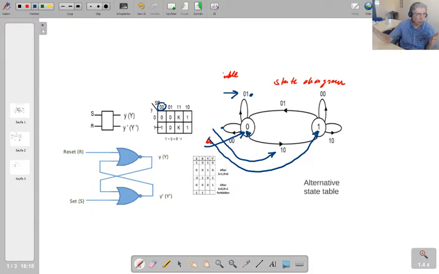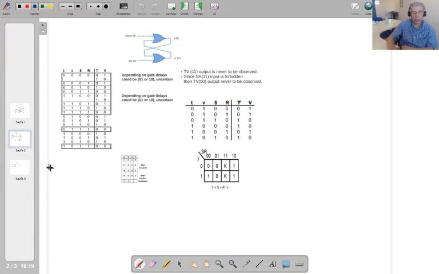So it is not a combinational circuit. The output could be either 0 or 1. So you need an additional variable in order to determine the output uniquely. That additional variable is the state variable. That's why it is not a combinational circuit, but a sequential circuit.